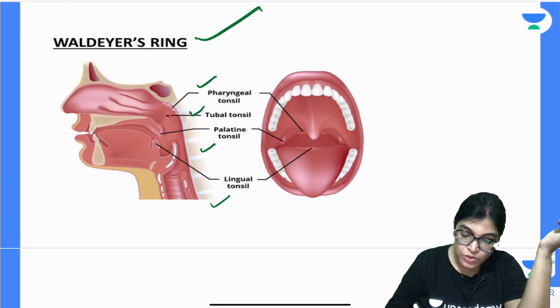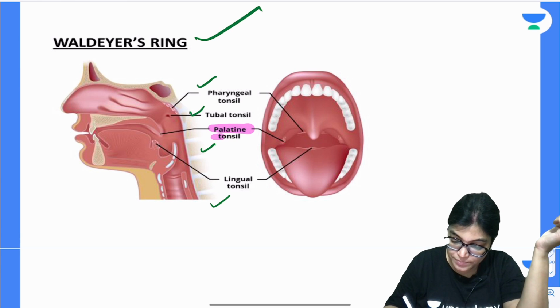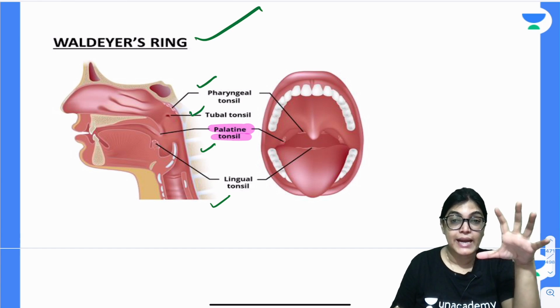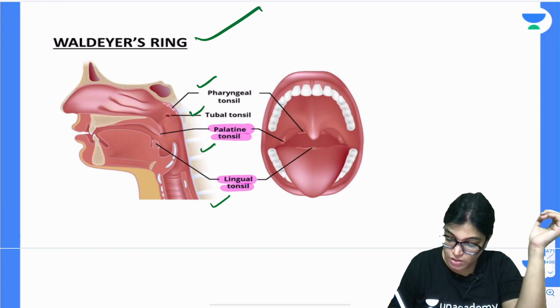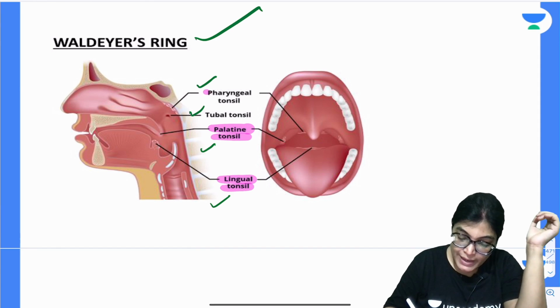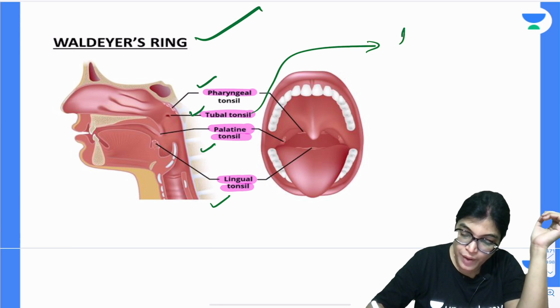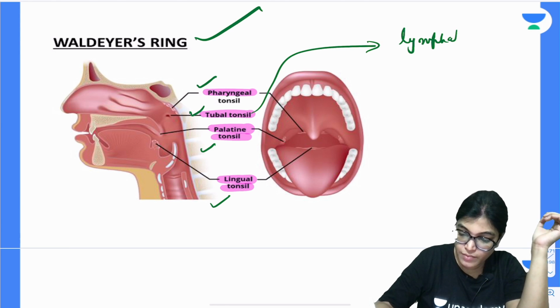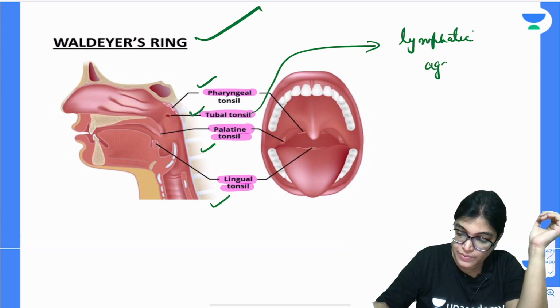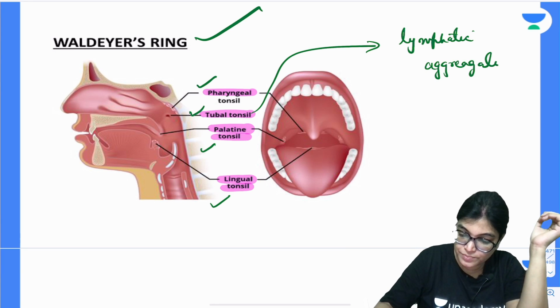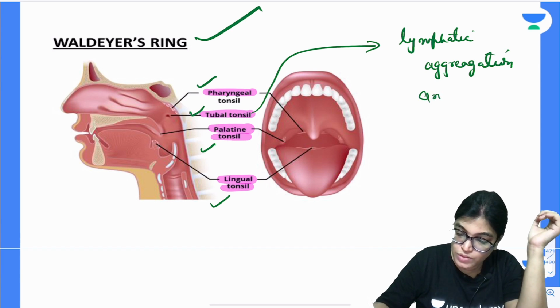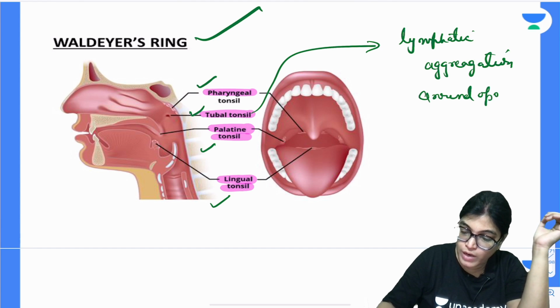Palatine tonsil resides in the tonsillar fossa, lingual tonsil on the posterior part of the tongue, then the pharyngeal tonsil and tubal tonsil. My dear aspirants, tubal tonsil means lymphatic aggregation around the opening of the auditory tube.